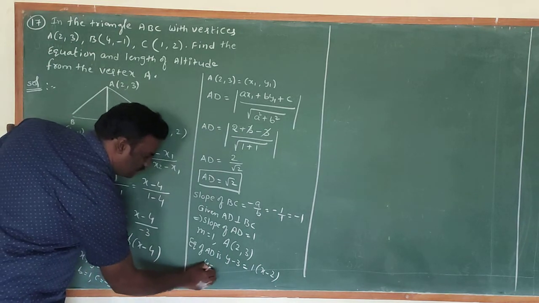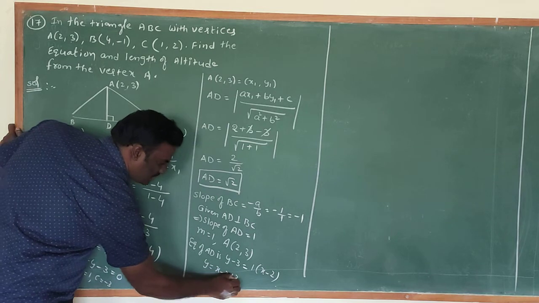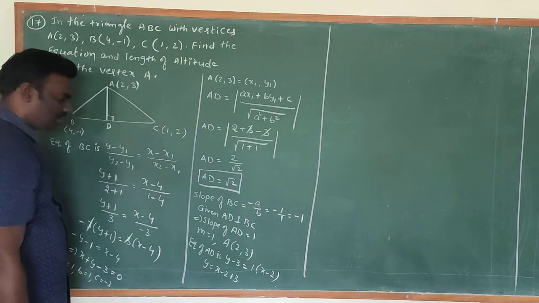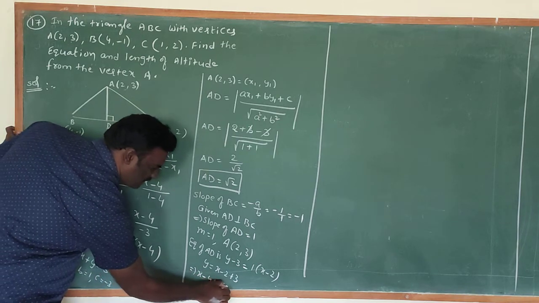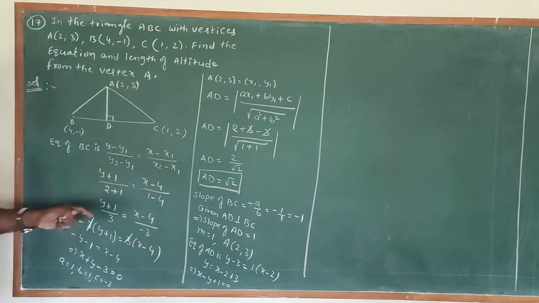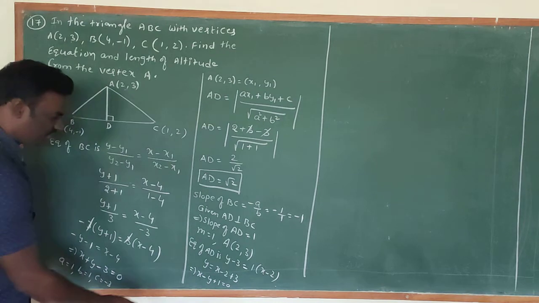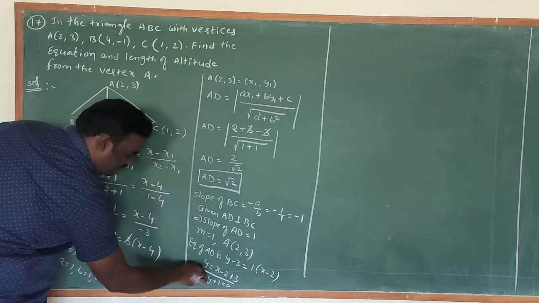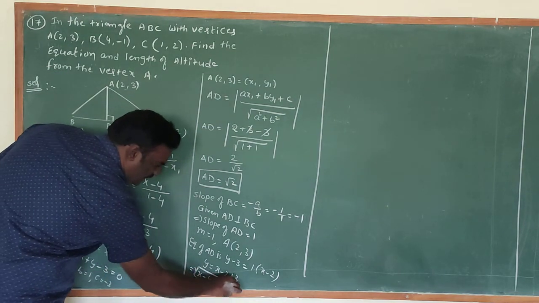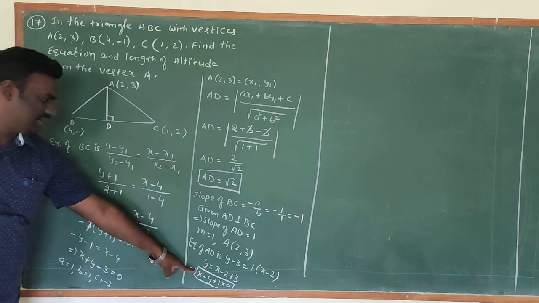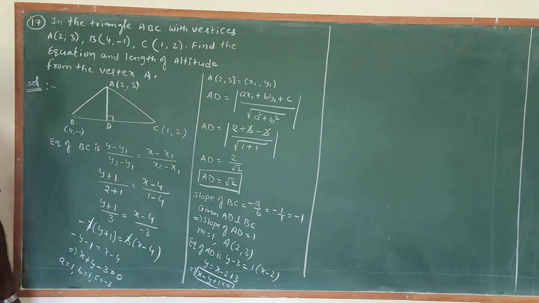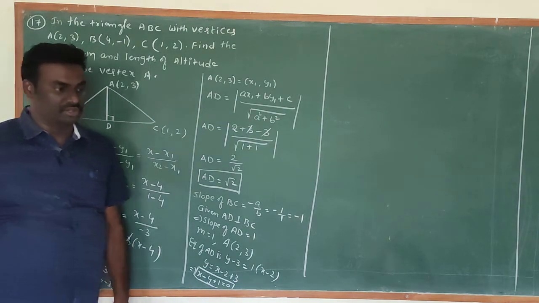Then y is equal to x minus 2 plus 3. That implies x minus y plus 1 is equal to 0. This is equation of altitude AD. Already length we found, that is root 2. This is the equation x minus y plus 1 equals 0.